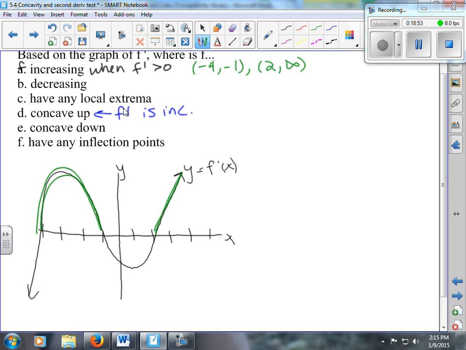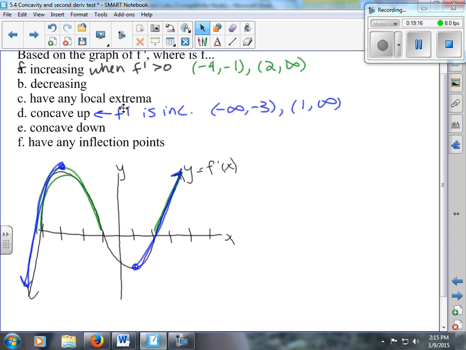So now I look at the picture and I look to see where my picture is increasing. That would be from -infinity to, let's say, -3. And 1 to infinity. Okay, I'm going to leave the last 4 questions for you to answer.